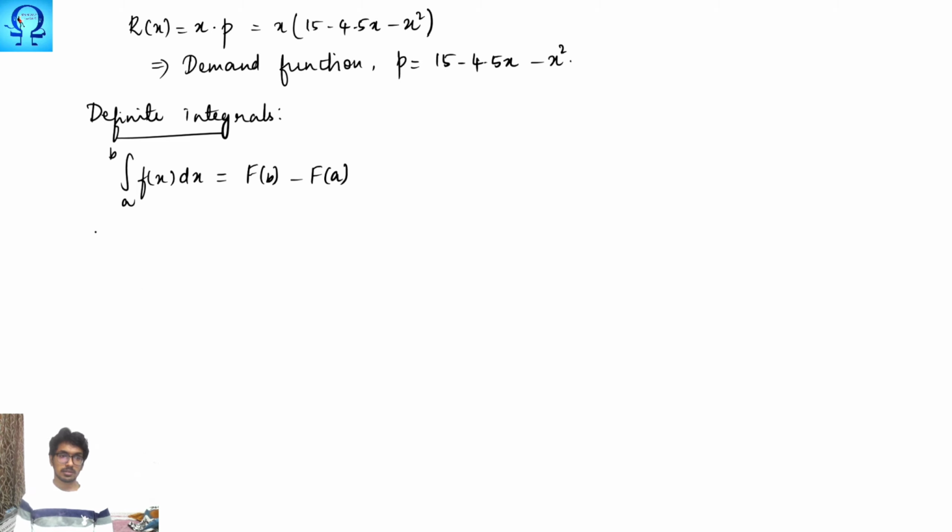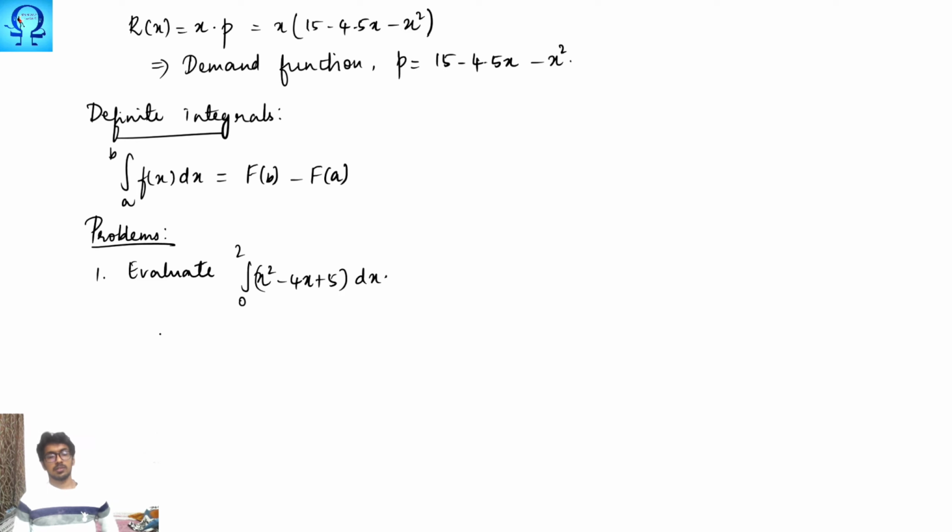So let us get into problems directly. First problem is we will have to evaluate integral 0 to 2 of x squared minus 4x plus 5 dx.